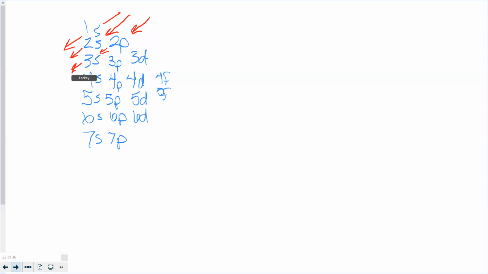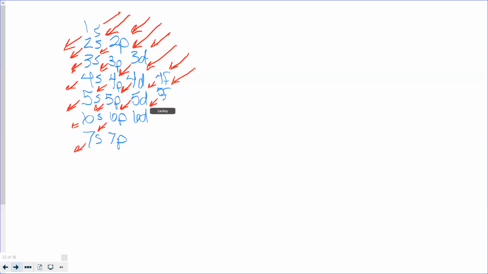Then it will go through 3P, 4S, 3D, 4P, 5S, 4D, 5P, 6S, 4F, 5D, 6P, 7S, 5F, 6D, 7P. So that gives you the order of those sublevels, of those orbitals, according to lowest energy.